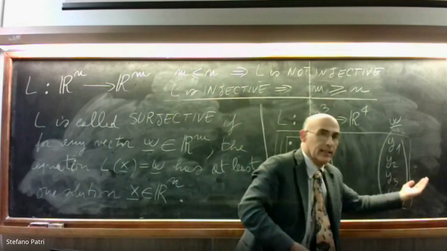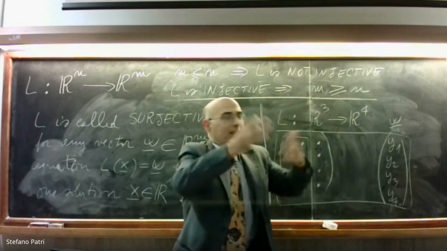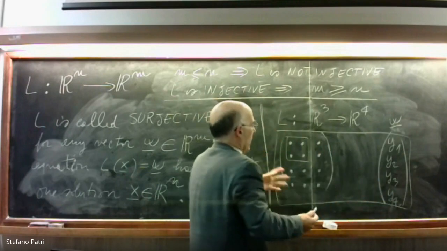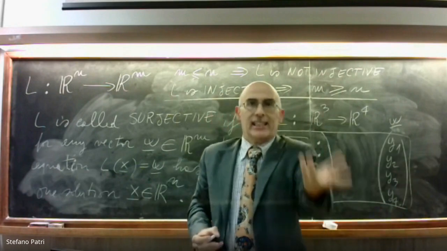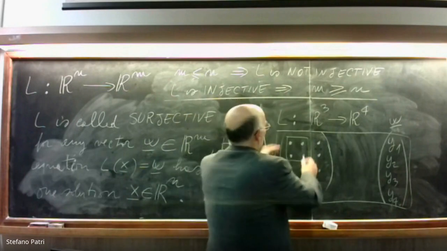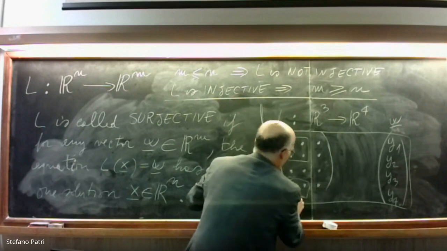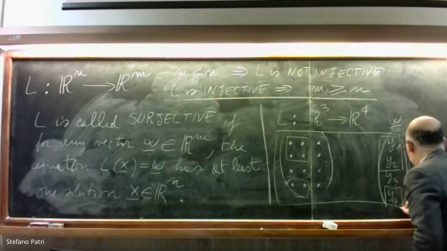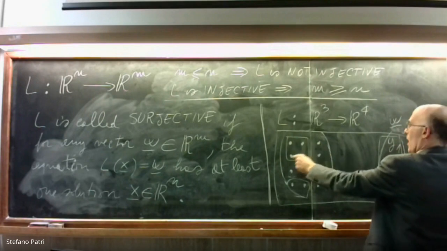But if we add also the fourth column, for some W, the complete matrix could have a minor of order 3 with non-vanishing determinant. For example, this minor plus this term, and then these elements and this element, 1, 2, 3, 1, 2, 3.